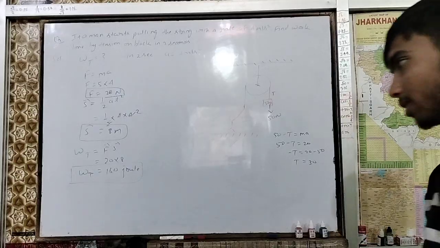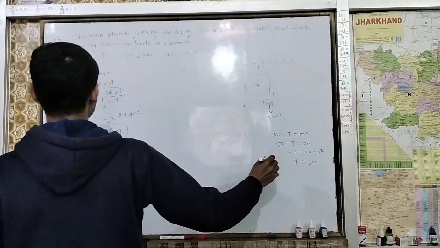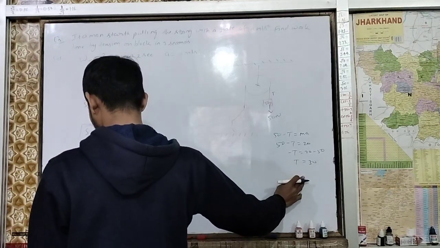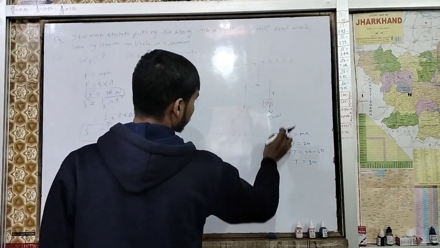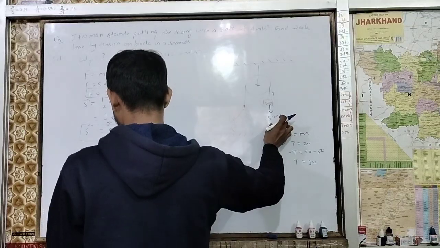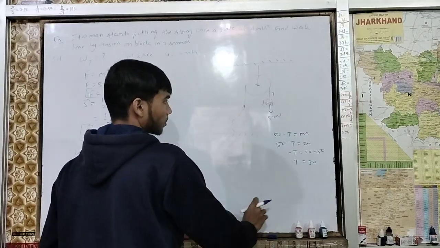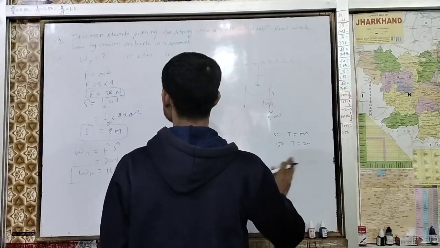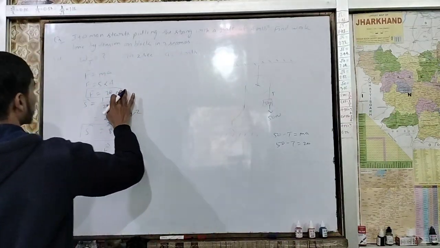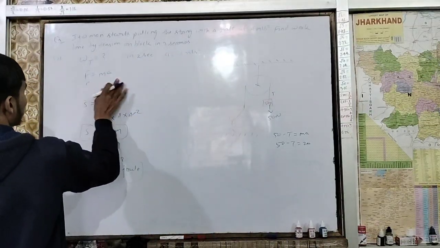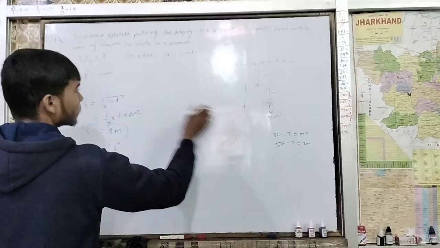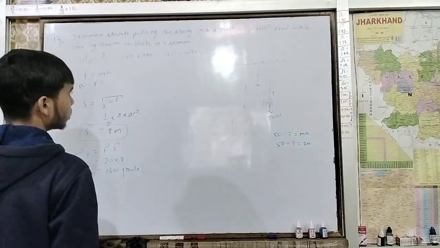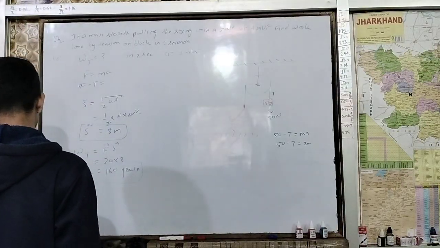But hold on. Over here, our tension was not 30. Mg is 50 and Ma is 20. So the net force is not what we used.